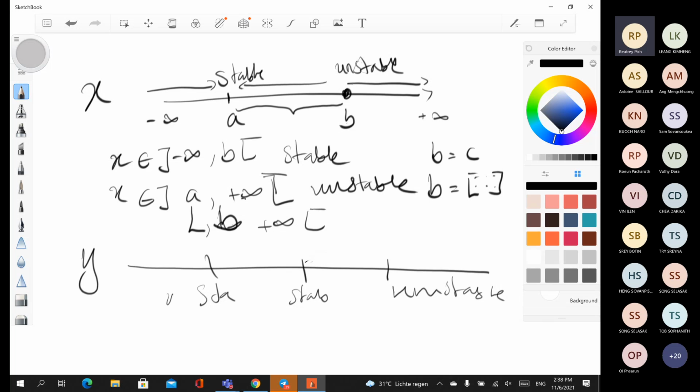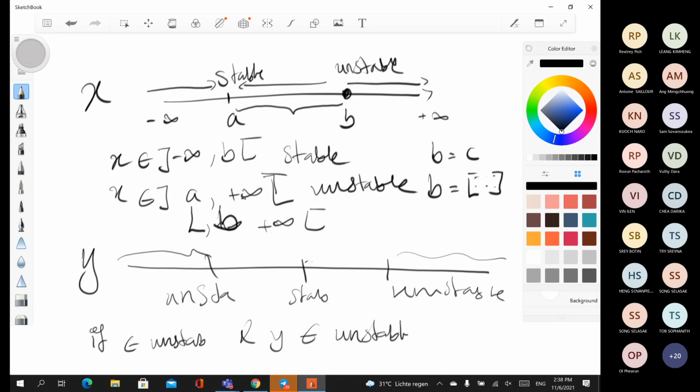For example, if I have 2 unstable ranges, you can take the value from here to here and the value from here to here, and then you make an AND condition. If X belongs to unstable and Y belongs to unstable, we get 100% that our system is unstable.